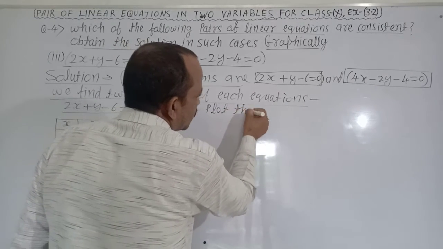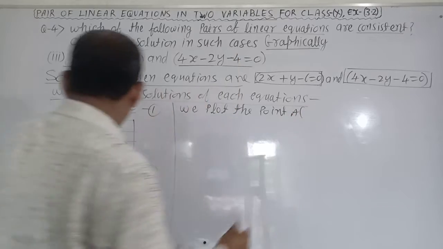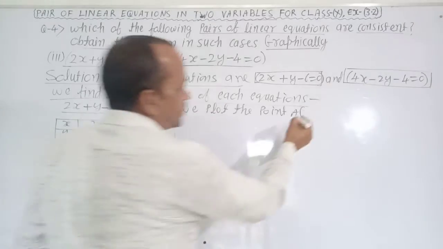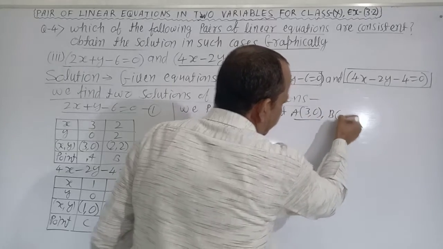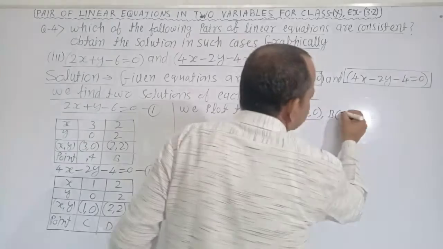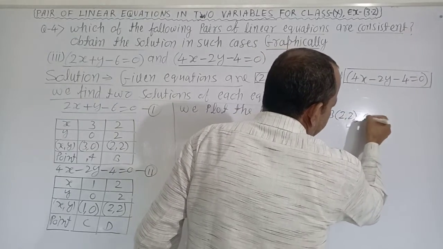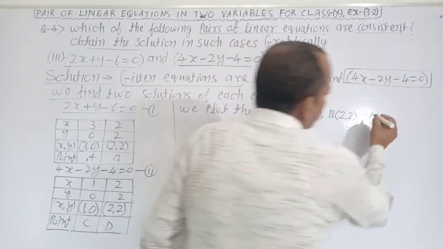Here we plot the points. Point A, coordinate 3 and 0. Point B, coordinate 2 and 2. Point C, coordinate 1 and 0.